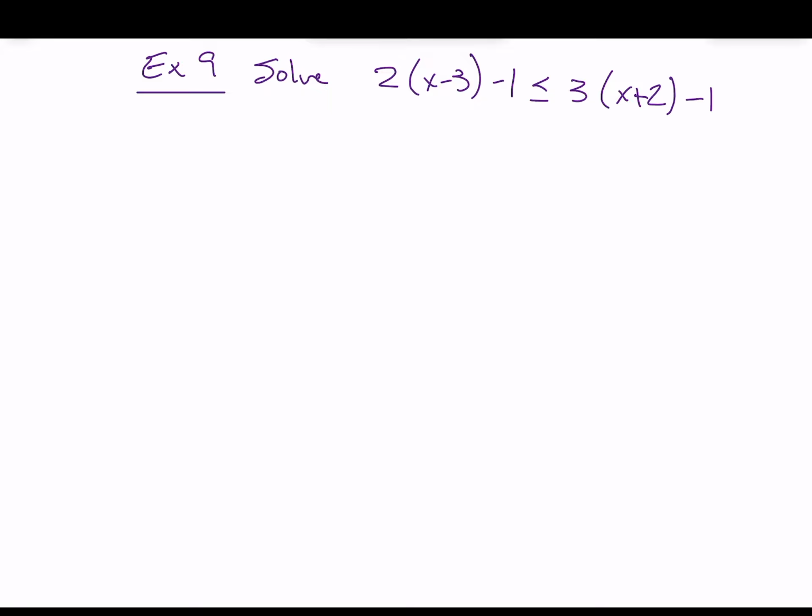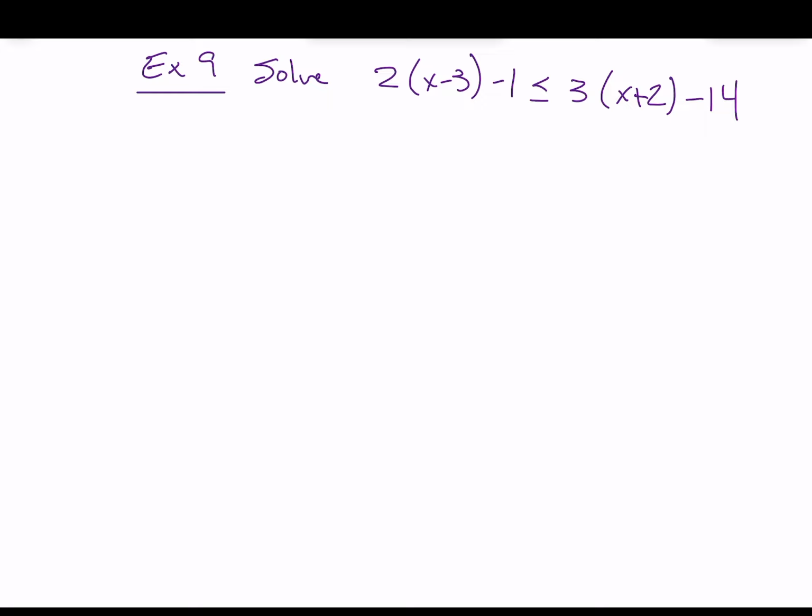Let's do another example. Example 9. We want to solve 2 times the quantity x minus 3, minus 1, less than or equal to 3 times the quantity x plus 2, minus 14.